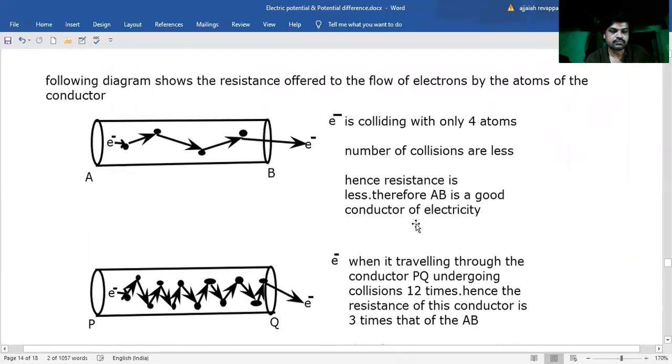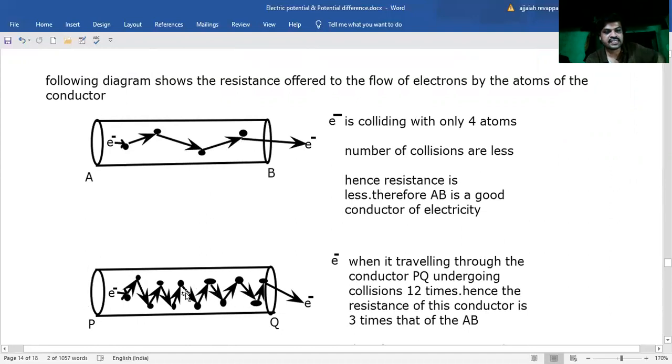Then, does the resistance remain the same for all materials? No. For good conductors, the resistance is less. Because the number of collisions of the electrons with the atoms is less, the resistance is also less. Good conductors offer less resistance to the flow of electrons or electric current.